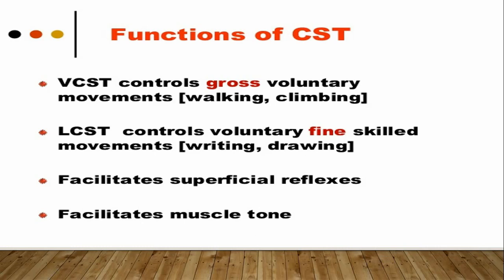So the lateral corticospinal tract has 80% of the fibers, and these are the medullary decussation. And number 3, function: it facilitates superficial reflexes, and it also facilitates muscle tone.